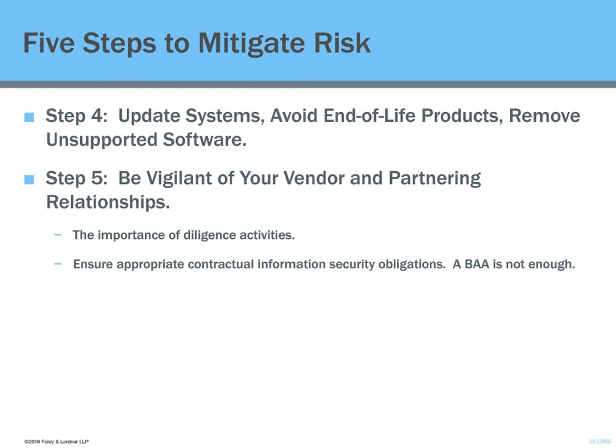So step 4, and this ties in with one of the very first things we talked about, is updating your systems to make sure that all system software, all hardware are properly updated, to make sure that at least they have all the relevant security patches in them. As I mentioned, it's very important to look for and now be proactive in removing open source software which has been, if you will, orphaned, which hasn't been updated in a very long period of time and which may present security risks.